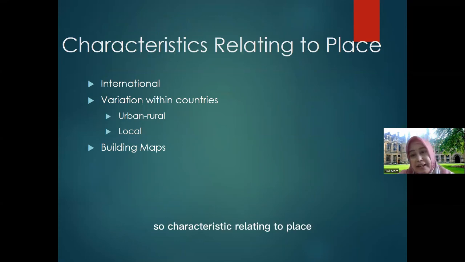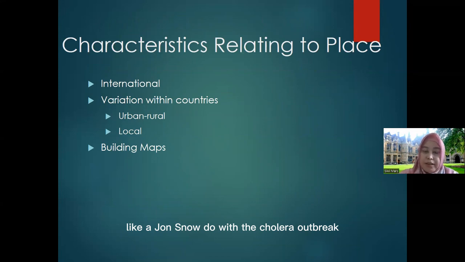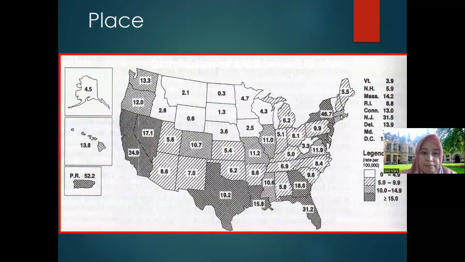So characteristics relating to place, like international or variation within countries, like urban, rural, or local, and also we can build maps like John Snow did with the cholera outbreak. So this is also an example of the analysis of place. We can have a map. A map is useful because it's visual.